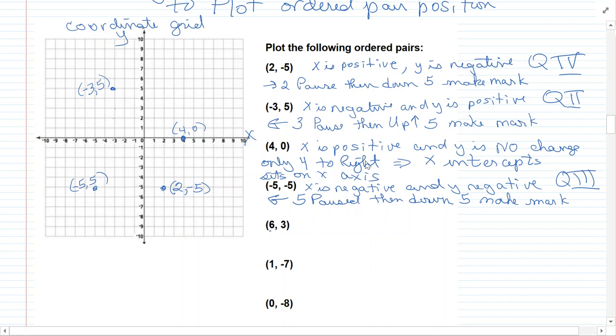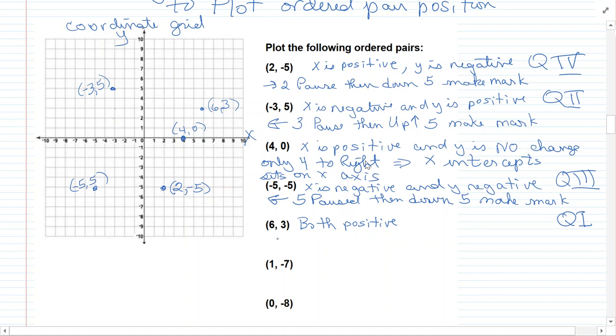Now this next one is 6 and 3, both positive. All right, so I start at the origin and go to the right 6. 1, 2, 3, 4, 5, 6. And then I'm going up 3. 1, 2, 3. And I made my mark. Positive, positive is in quadrant 1.